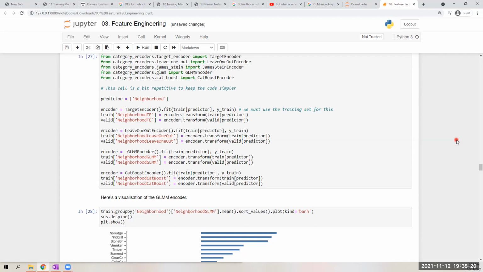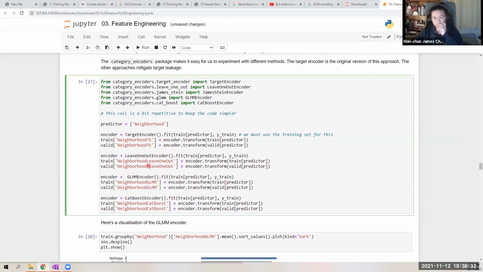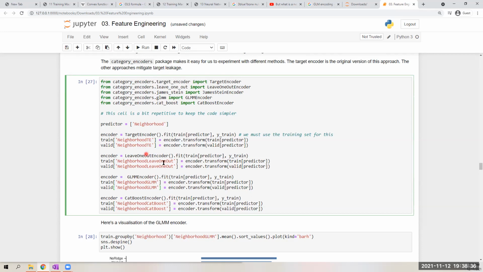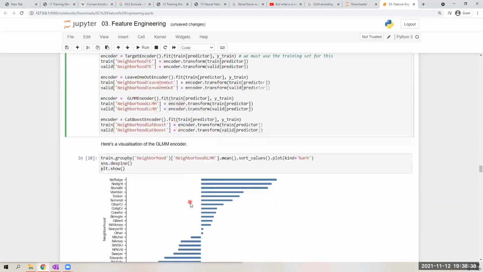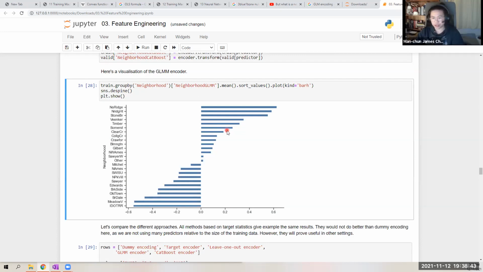So we compare neighborhood and neighborhood GLMM, right? But I am a little confused why we do that. Sorry, you're confused about neighborhood GLMM and what? The original data, just the graph below it, the group by. Oh, okay, sorry, you're confused by this.